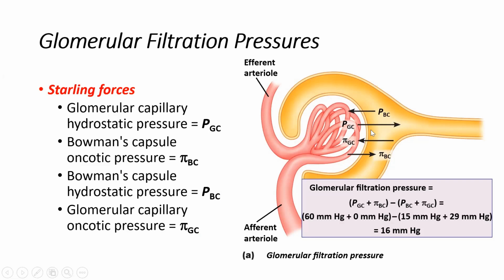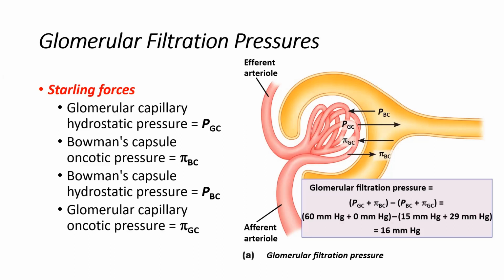And so in a very similar way, we want to think about each of these forces and how they influence the movement of fluid to then determine the overall direction of fluid movement, whether it favors filtration or favors absorption. This is how we will approach the glomerular filtration pressures as well. Now, for the bigger picture, we know that this is going to favor filtration.